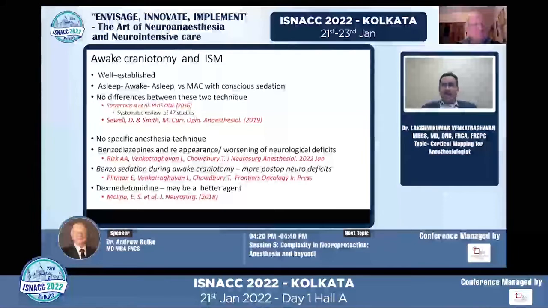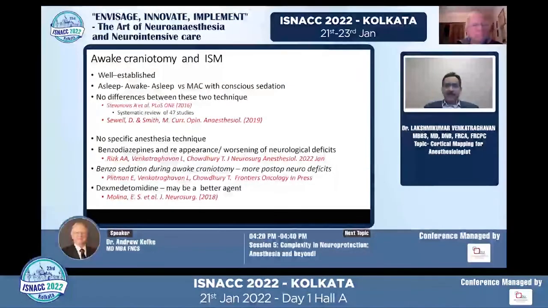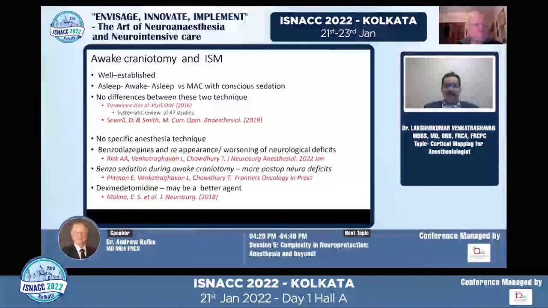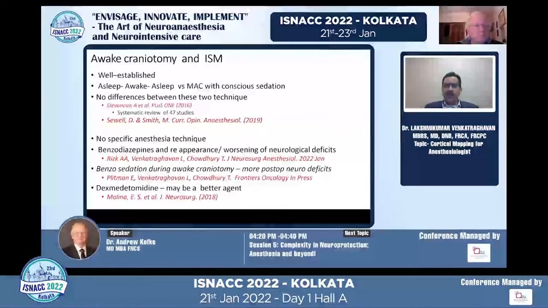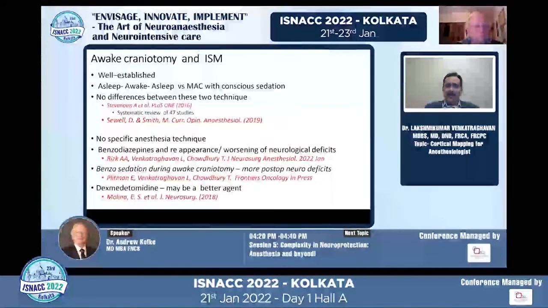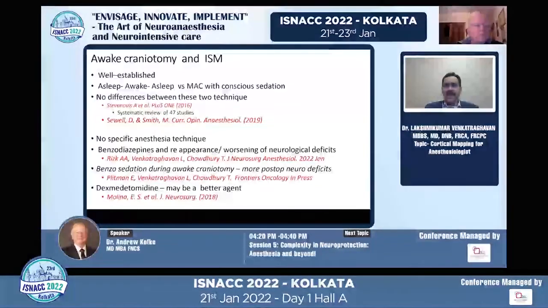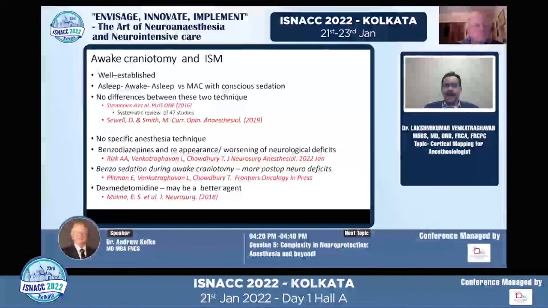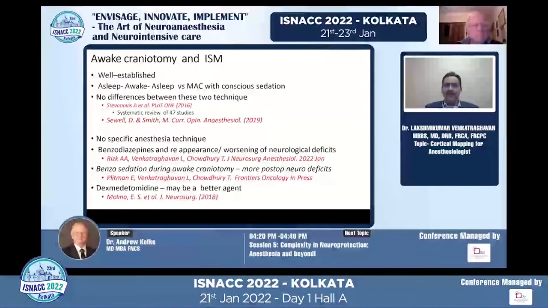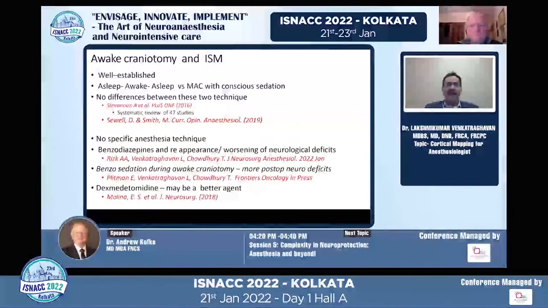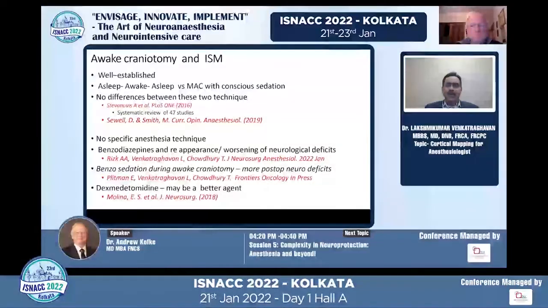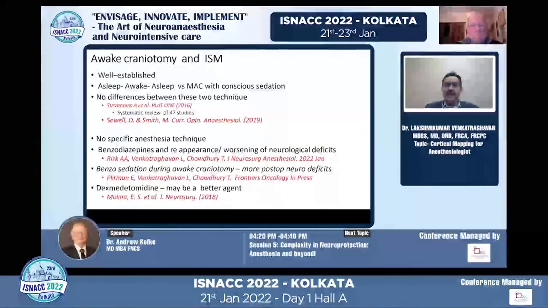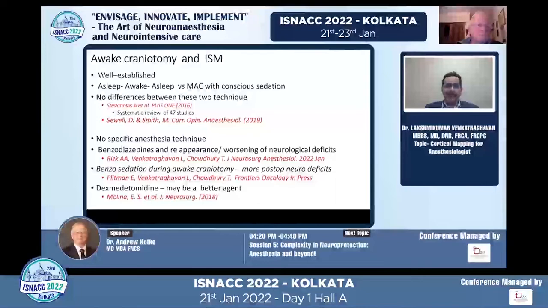When you come to the awake craniotomy and intraoperative stimulation mapping, it's very well established. As you all know, there are two specific techniques: either asleep-awake-asleep, or monitored anesthesia care with no airway manipulation with conscious sedation. Studies have shown there is no difference between these two techniques with regards to the success or failure of intraoperative stimulation mapping.